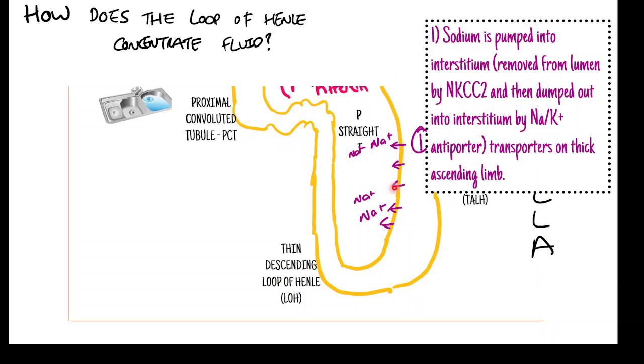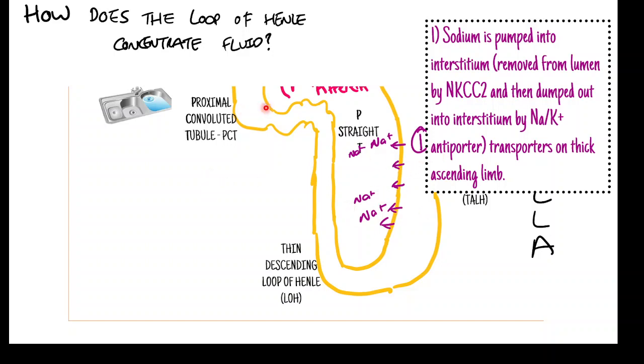So we're making the interstitium salty, and remember the general rule is that where sodium goes, water is going to follow because of osmosis. So obviously water now wants to follow into the interstitium here. However, the thick ascending limb lacks aquaporins, lacks water channels, so no water can follow through on this side.